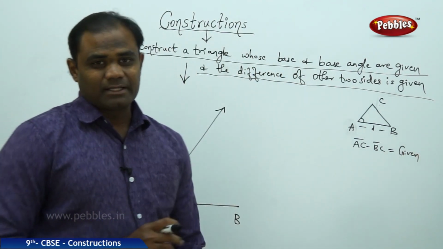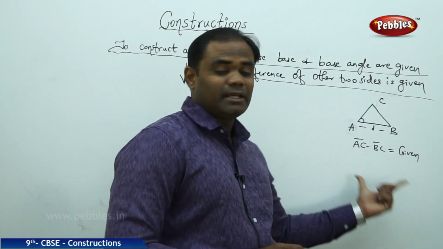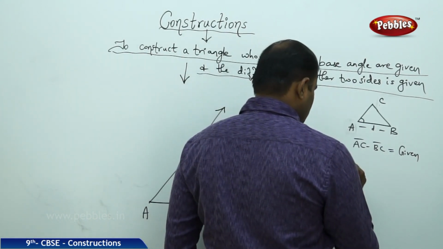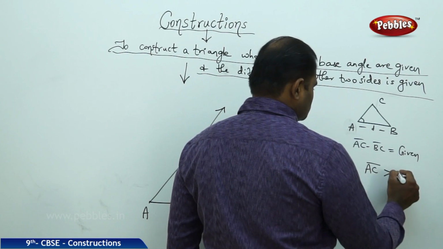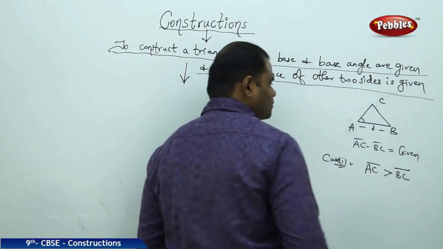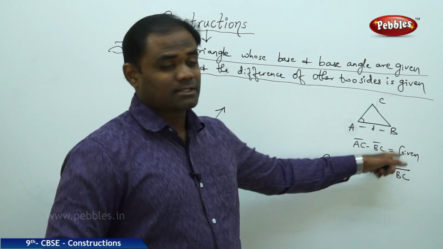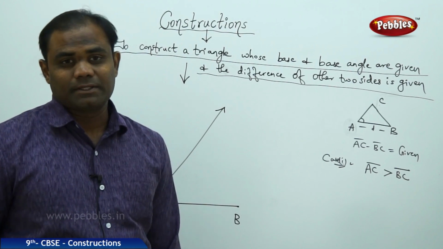Now this I take it as case 1 because there is a possibility that BC minus AC also might be given. That is, here the case 1 is that AC is assumed to be greater than BC. There is a possibility for AC to be less than BC, which we take exclusively as the second case.